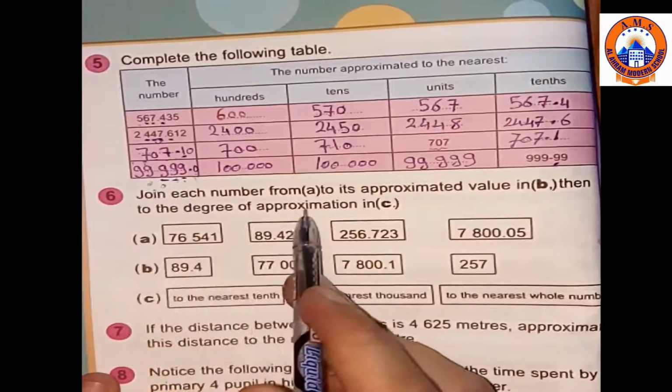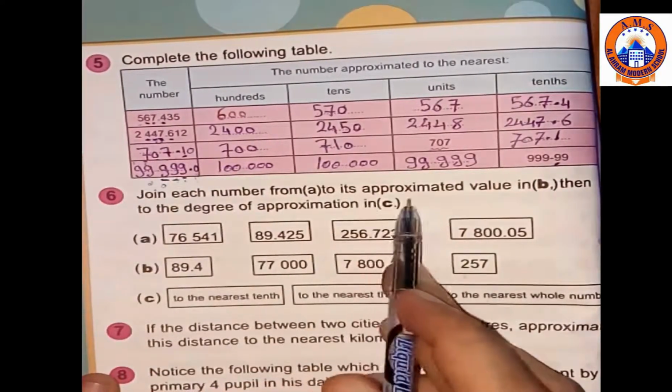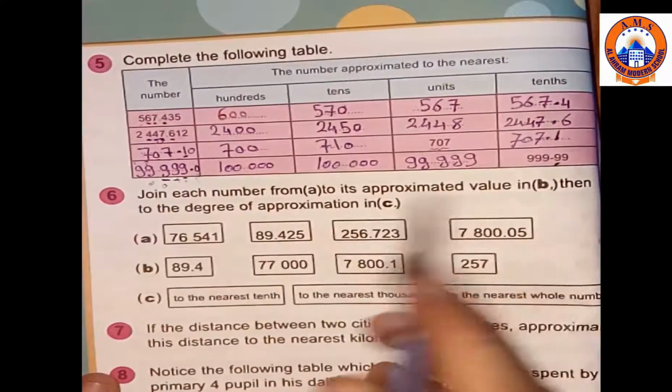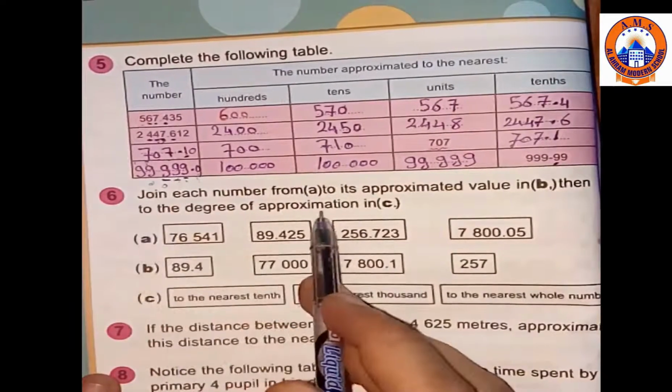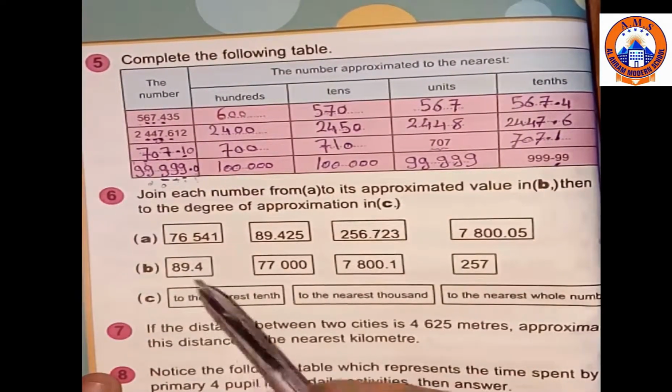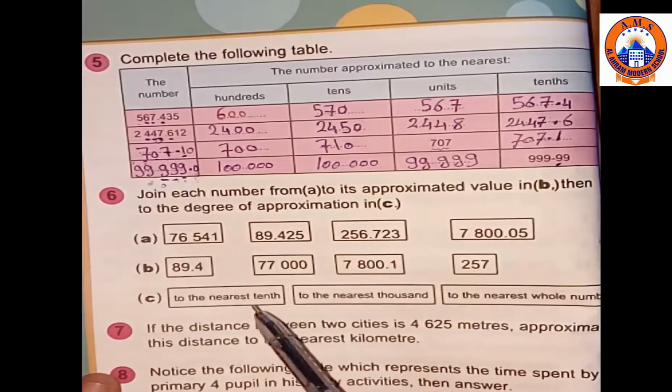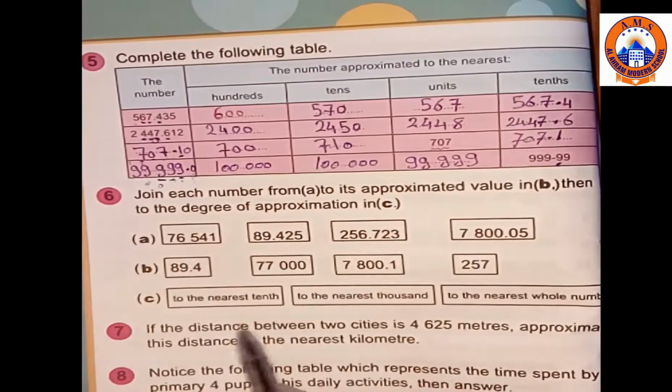Next question, question number 6. Join each number from A to its approximated value in B, then to the degree of approximation in C. So I will join each number to its approximated value and choose from C what is the digit I should approximate to.